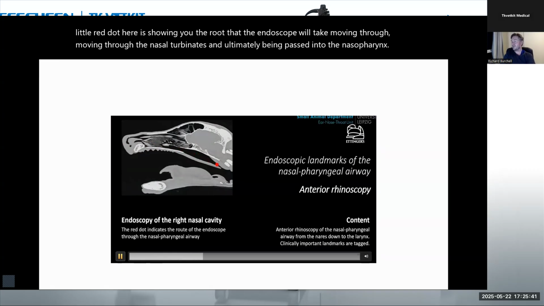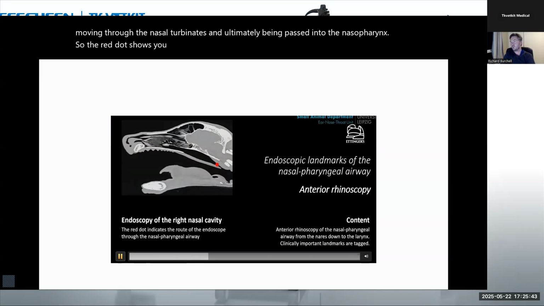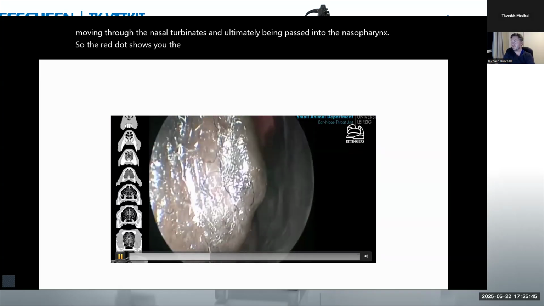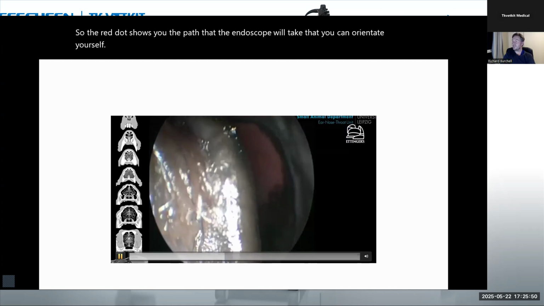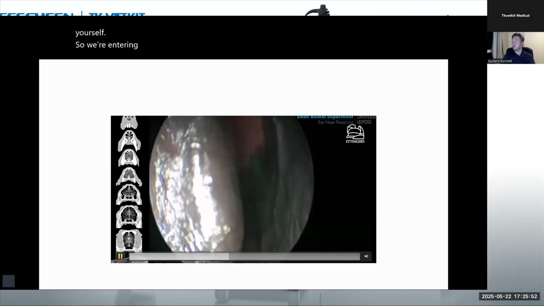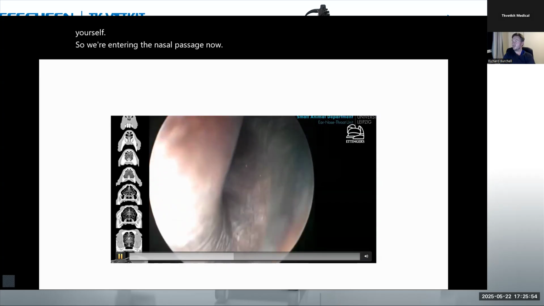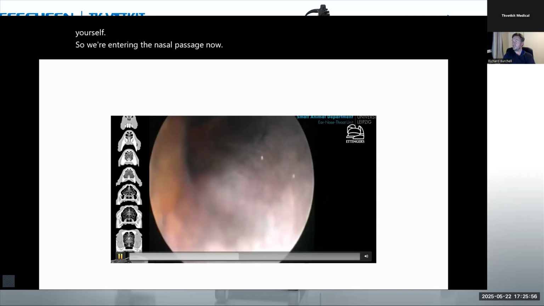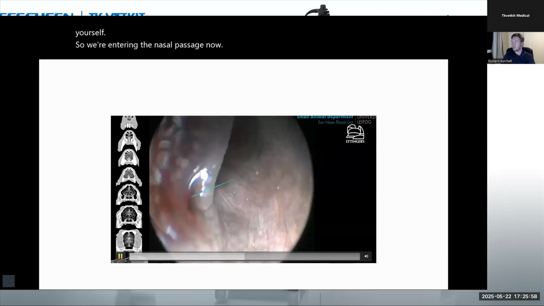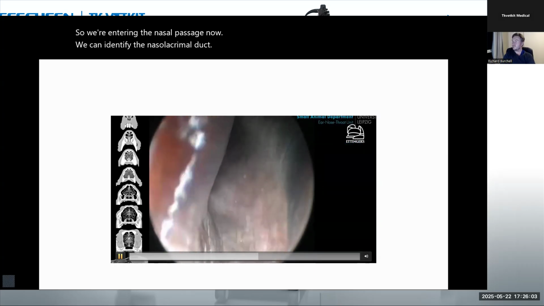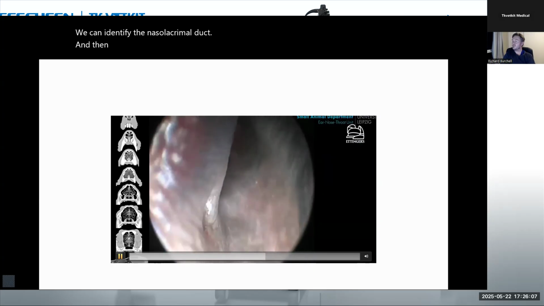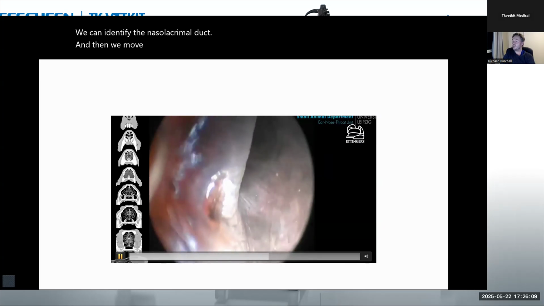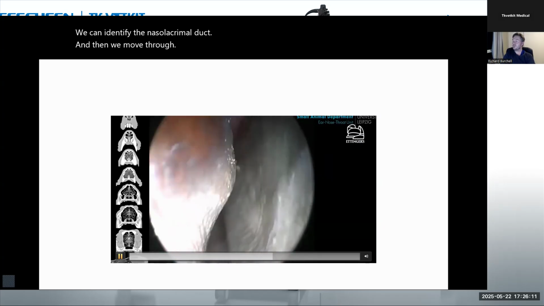So the red dot shows you the path that the endoscope will take so that you can orientate yourself. So we're entering the nasal passage now. We can identify the nasolacrimal duct. And then we move through into the nasal passage. We can see the nasal septum on the right.